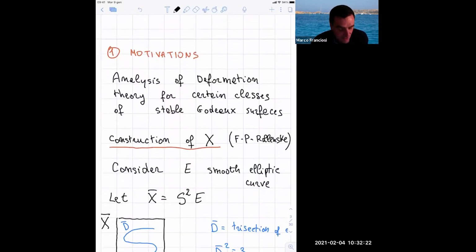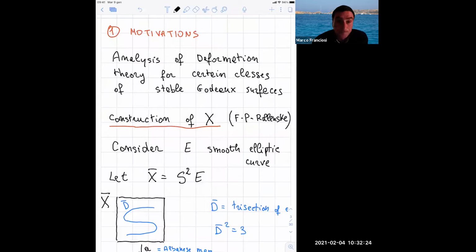So let me start with the motivation. The motivation is the analysis of the deformation theory for certain classes of stable Godeaux surfaces.